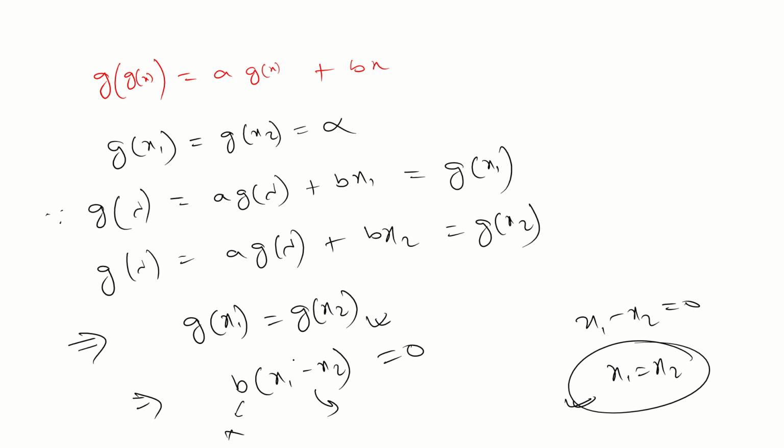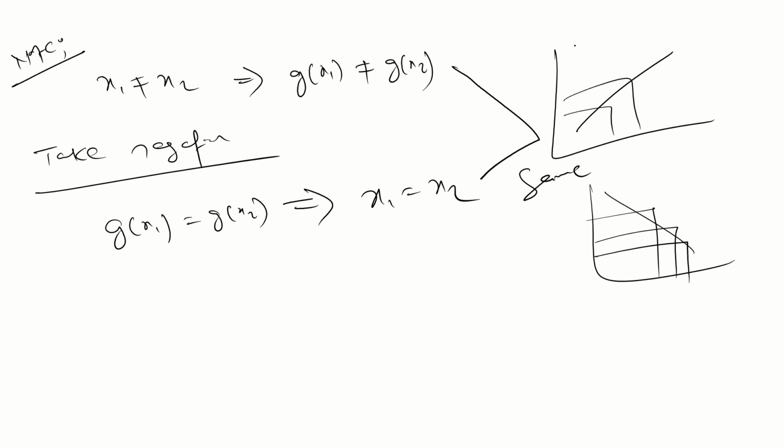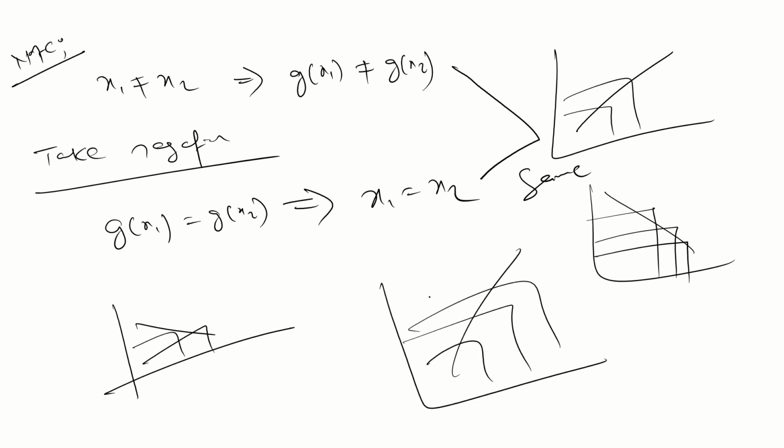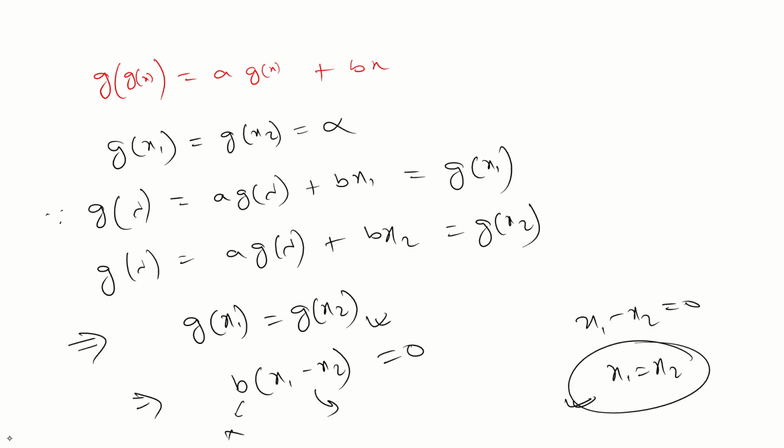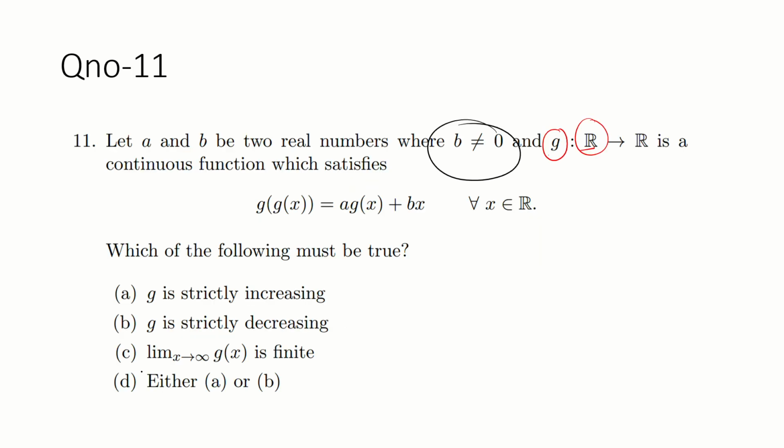But guys, if the function follows the property of 1-1, then what happens? It is either increasing or decreasing, because different inputs have different outputs. So what should be the correct option? Either A or B would be the correct answers.